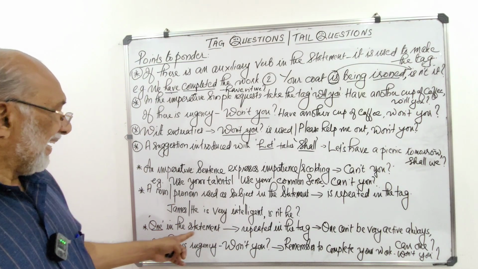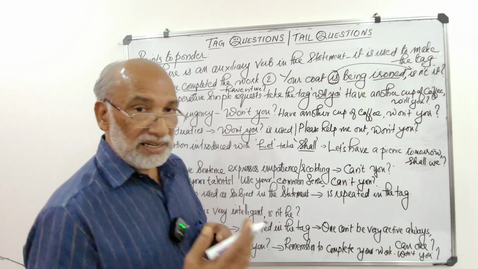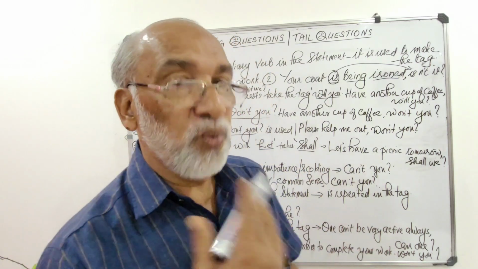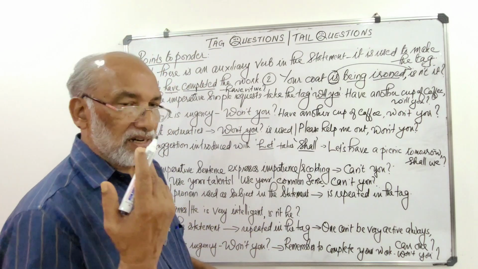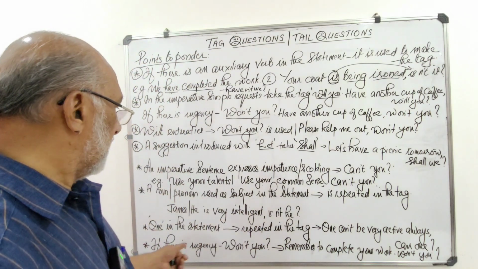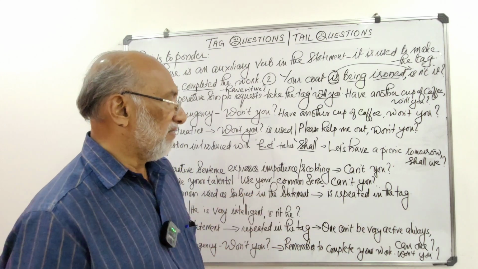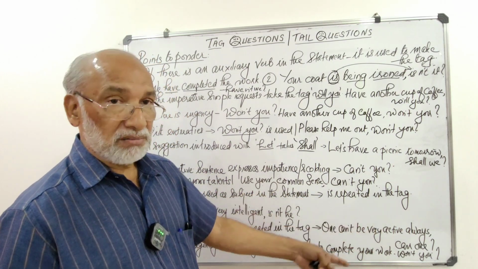Then one in the statement. Suppose one is there in the given statement or the statement is started with one, then that term is repeated in the tag. See, one can be very active always, can one?